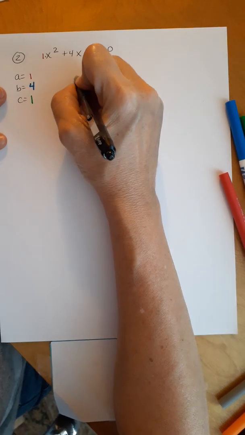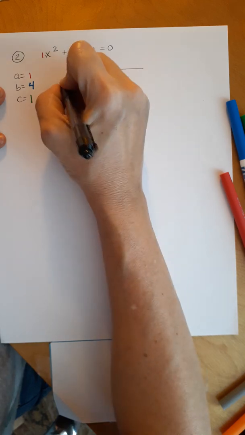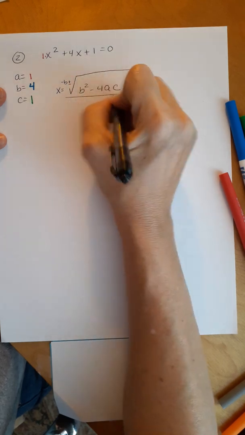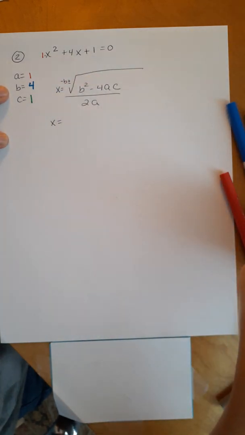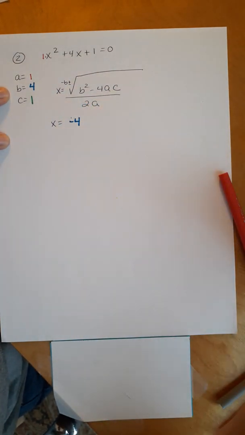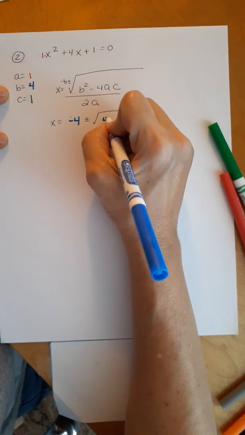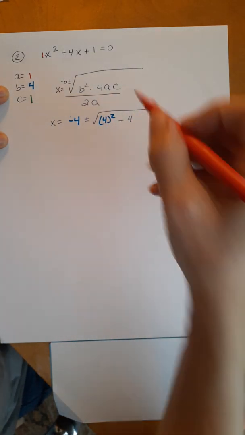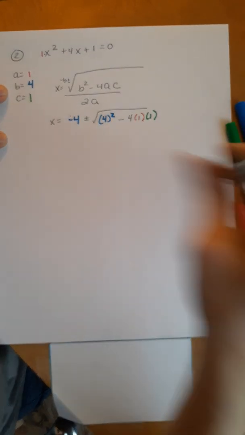So I highly recommend that you practice it: x equals -b plus or minus the square root of b squared minus 4ac, all over 2a. Okay, so x equals, what's my -b? -4, plus or minus the square root of b squared, 4 squared, minus 4 times a, 1, and 1, all over 2 times a, which is 1.